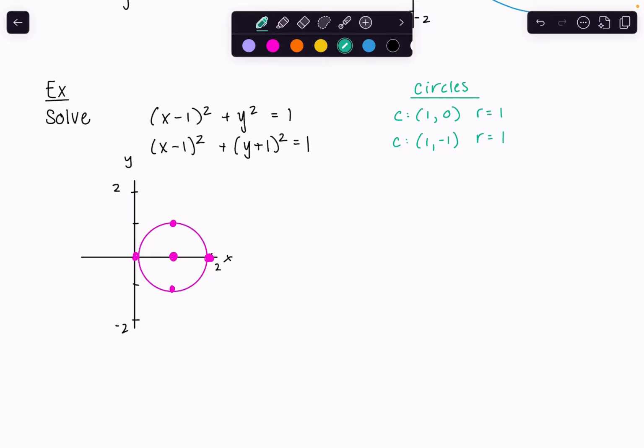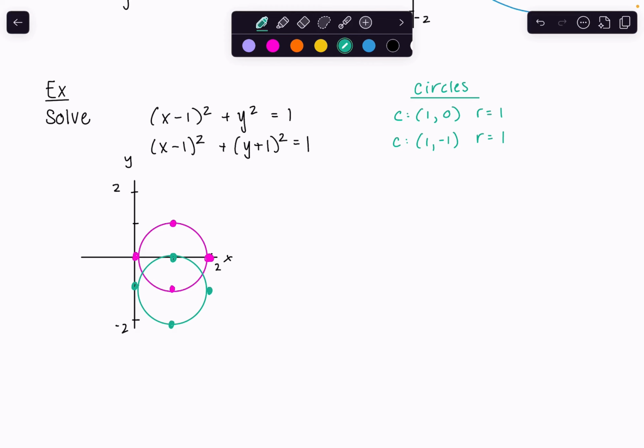Then our second circle's center is at 1, -1, which would be this point here. Again, the center is not a point on the circle though. Then I go 1 in each direction. And I get my second circle. Okay. So again, the center is not an actual point.